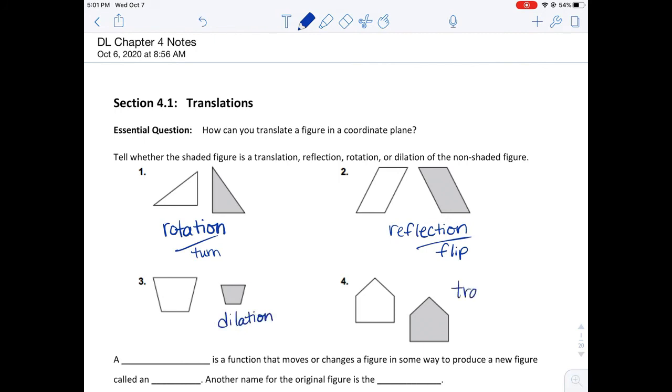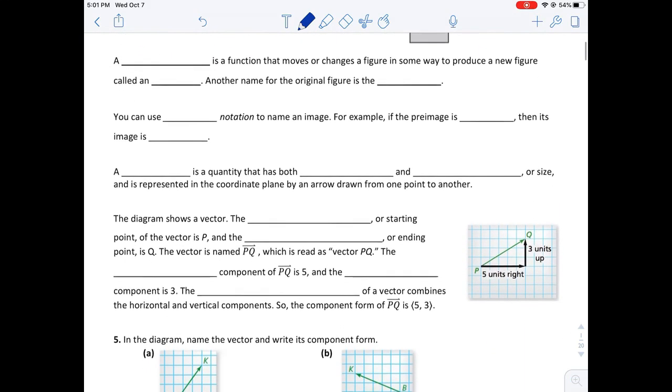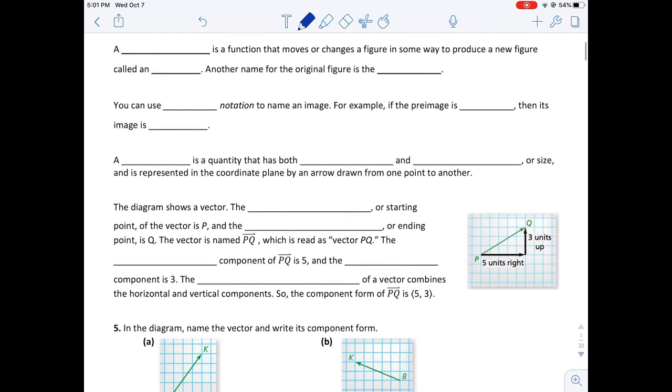And our fourth example is a translation. Another way we can think about this is a slide. Just slid over a little bit. And this last example, translation, is going to be our focus for today's transformation. So we're going to be pretty vocab heavy here in the beginning, and then we'll move into examples.